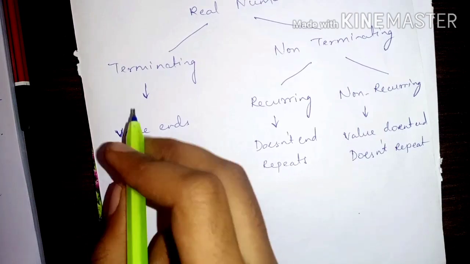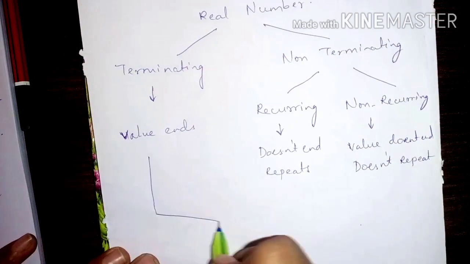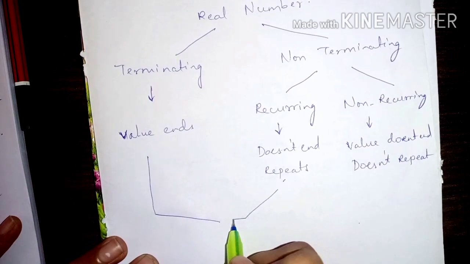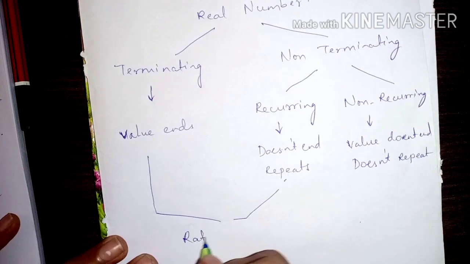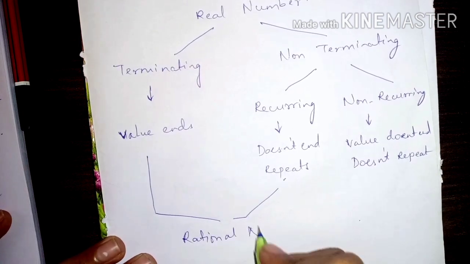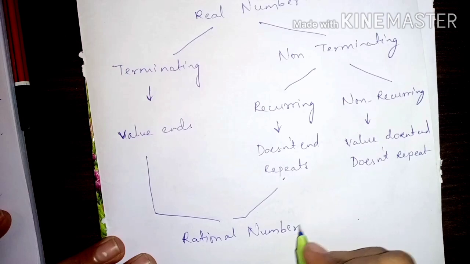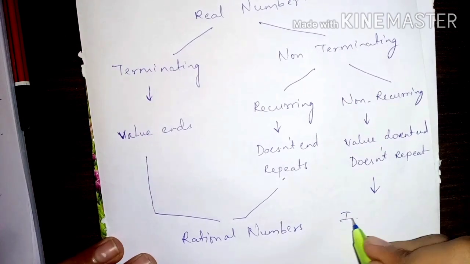Now this terminating and non-terminating recurring could be treated as rational numbers. These numbers are called rational numbers and this is called irrational number.